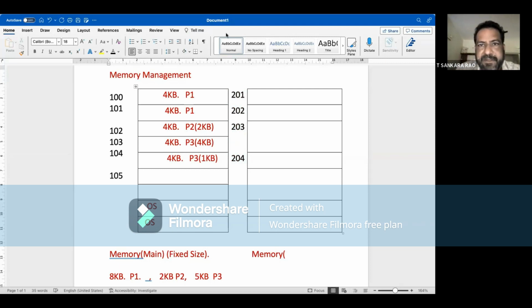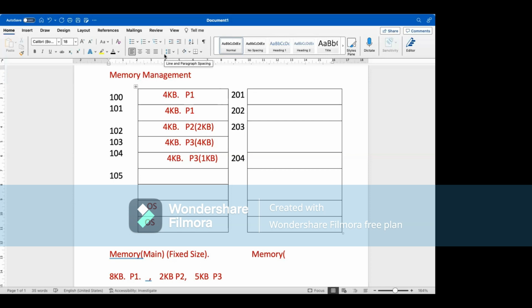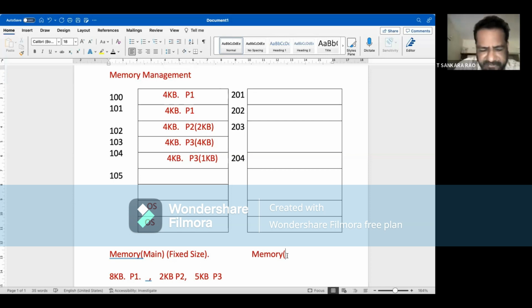Tell me how it is partitioned. Variable, sir. Very good. This is variable size partition. So to overcome the drawback of fixed size partition, now we are going to the variable size partition.